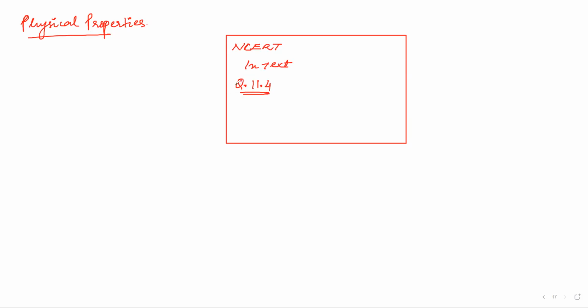Can you see question number 4 here? So the question reads, and just tell me yes or no: show how the following alcohols are prepared by the reaction of a suitable Grignard reagent on methanol. Correct? Okay, fine. I guess you have written yes, sir. Now let us move on to physical properties.